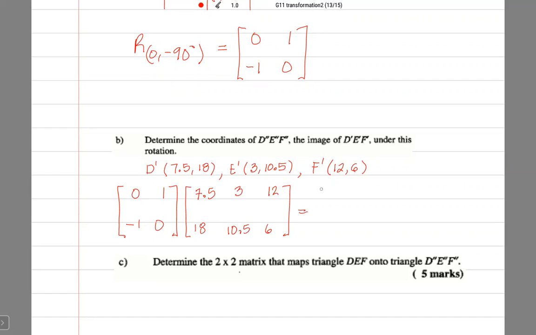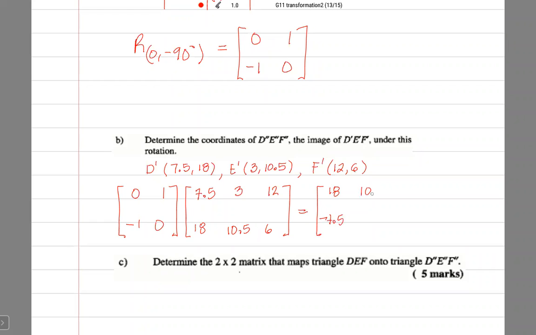When we apply it to this, if we wanted to, we could just multiply and get the answer. Or we could use our knowledge to say that if this transformation is applied to a point, it's going to interchange the coordinates and the sign of the new y coordinate is going to change. So this is going to become the point (18, -7.5).